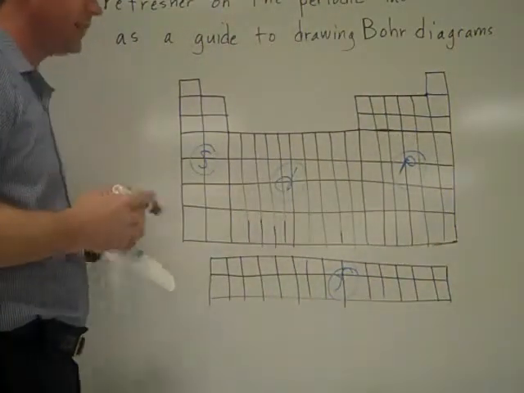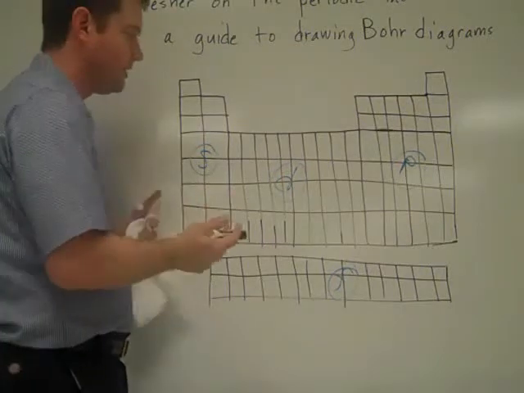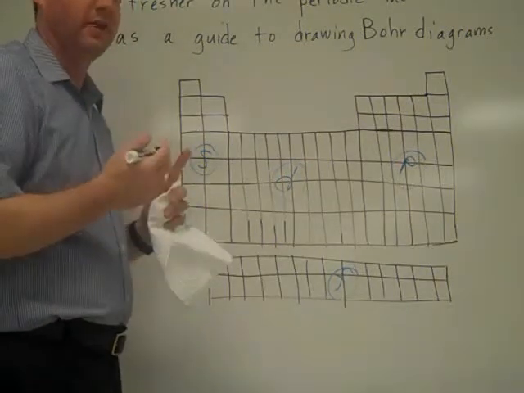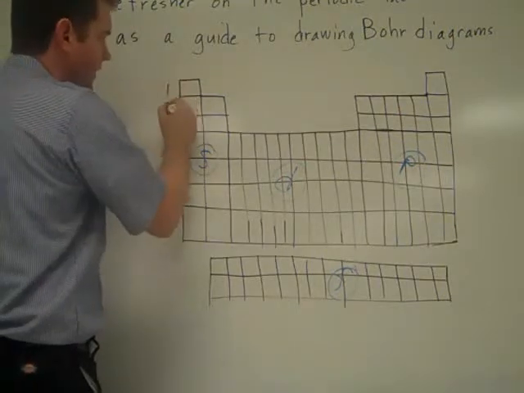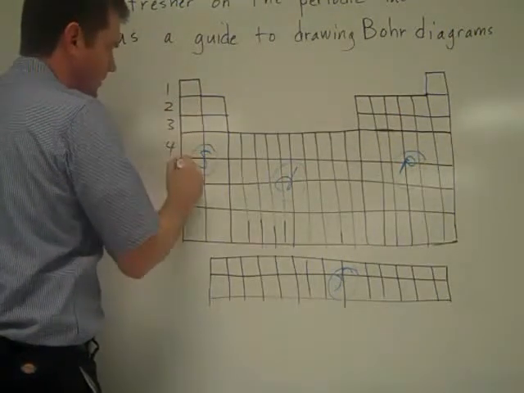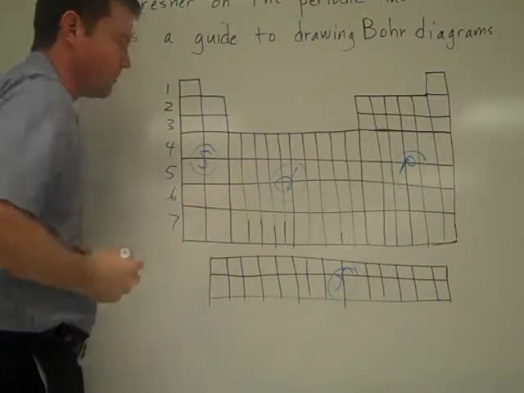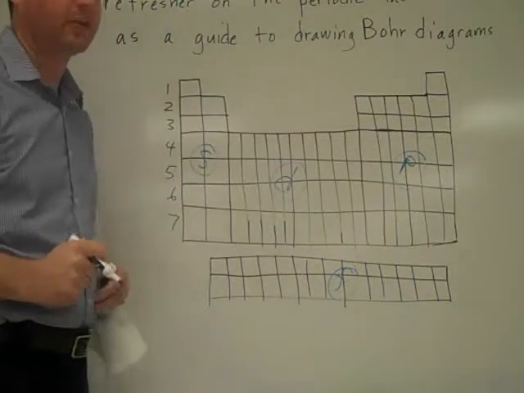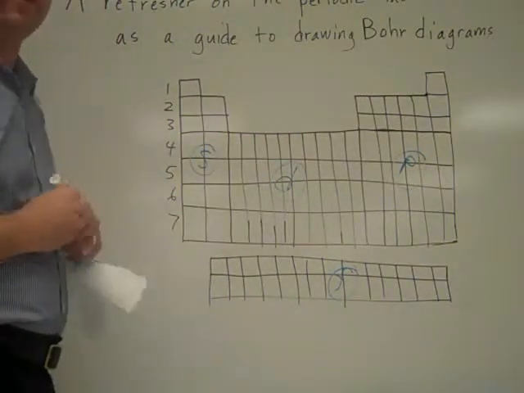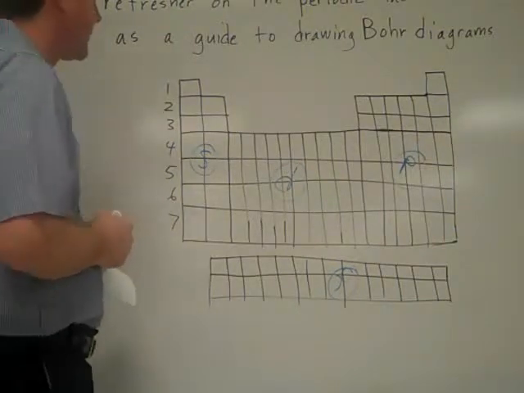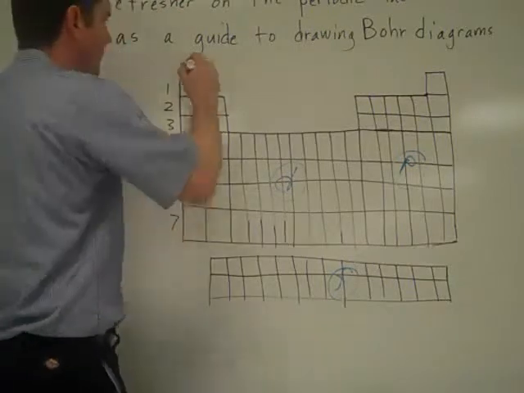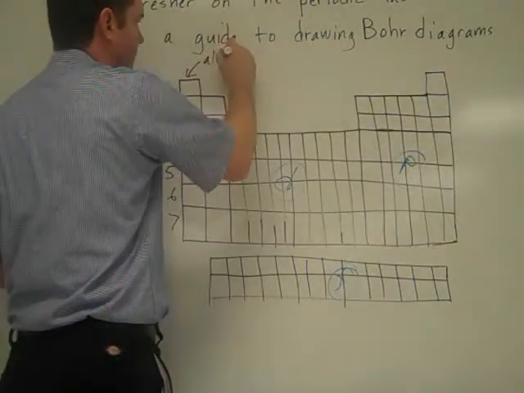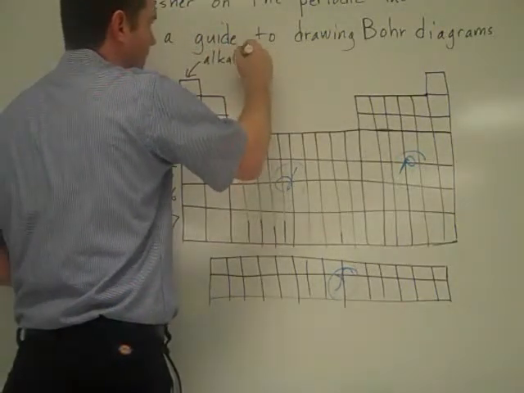On the periodic table, as we said, horizontal rows are called periods, and they represent energy levels. So as we said, there are 7 energy levels represented on the periodic table. Vertical columns we call groups, and group 1 is called the alkali metals.